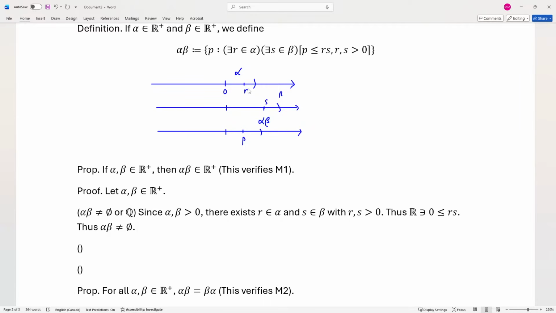So since alpha and beta are cuts, there exist, I can use the letters P and Q, P not in alpha, and Q not in beta.